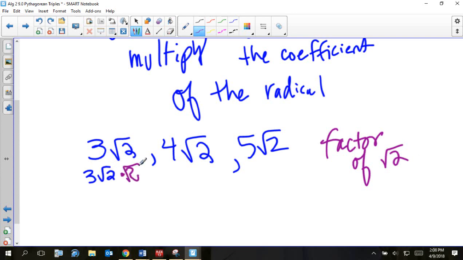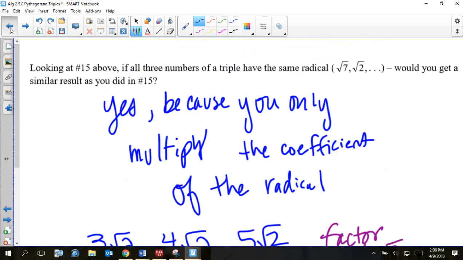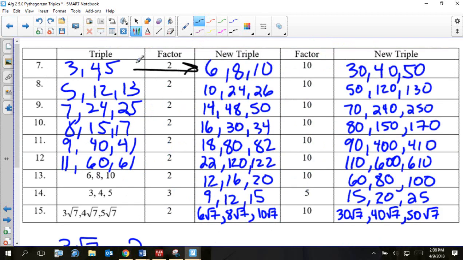What's that first one be? 6. What would the next one be? 10. And is 6, 8, 10 another triple related to 3, 4, 5? Is 6, 8, 10 related to 3, 4, 5? So any triple that has 3, 4, 5 or factors of 3, 4, and 5 are all related to each other. So you're going to use these.